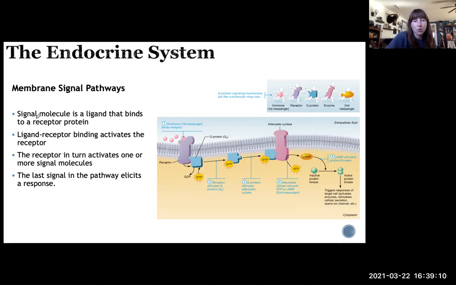That hormone or signal molecule, also known as a ligand, is going to bind to the receptor protein in the plasma membrane of the organ cell, right? Signal molecule, ligand, in this case, is a hormone. The receptor, which is this guy here, is going to physically change shape.